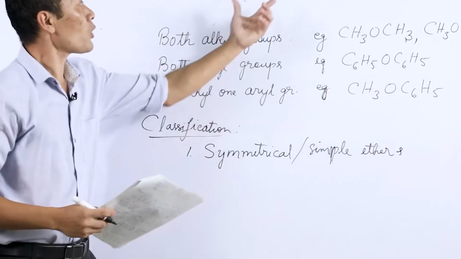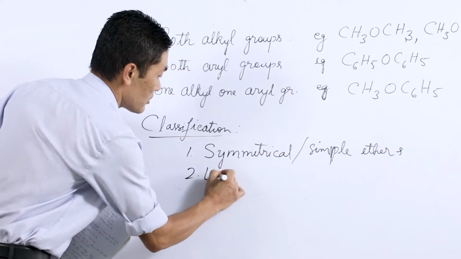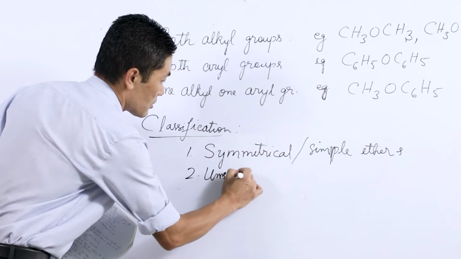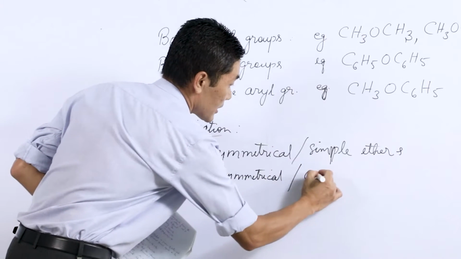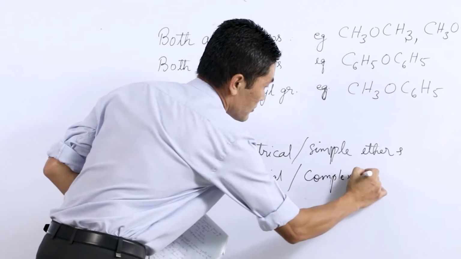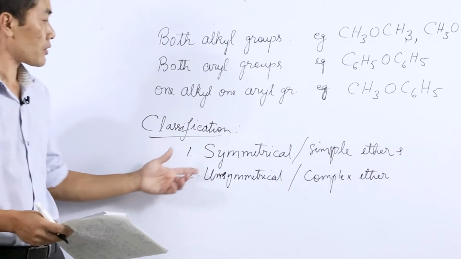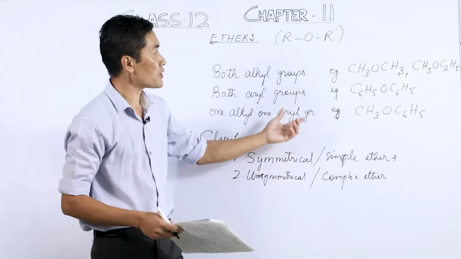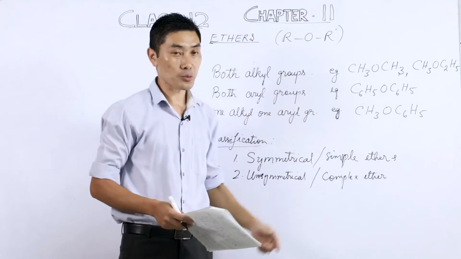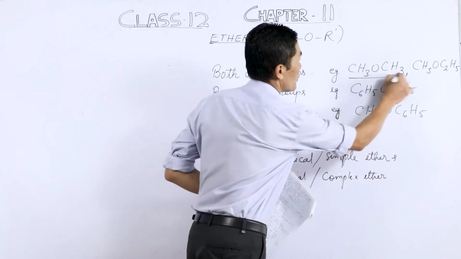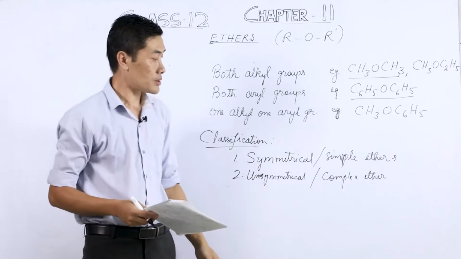And if the two R's are different, then they are called unsymmetrical or complex ethers. So we have only two types of ethers. The first one is symmetrical or simple ethers, where the two R's are the same alkyl or aryl groups.